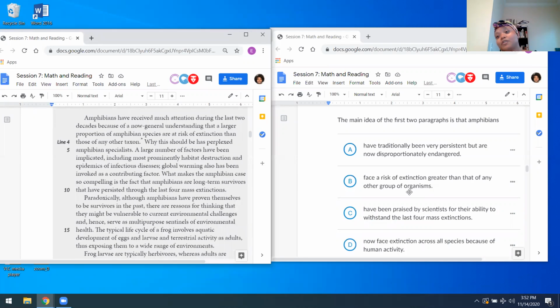So the main idea of the first two paragraphs is that amphibians. ML, can you point to a couple things in the first two paragraphs that made you answer choice A? I have to look back at the text.